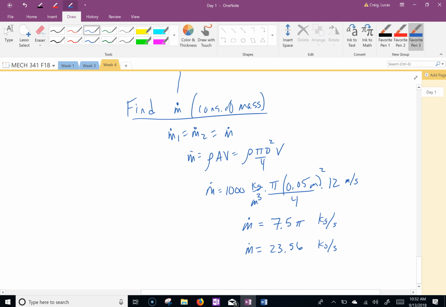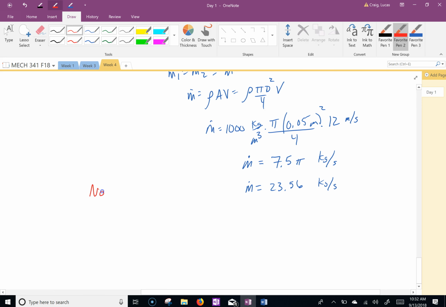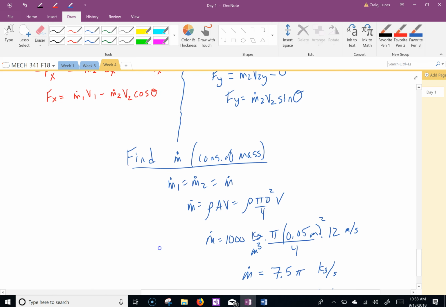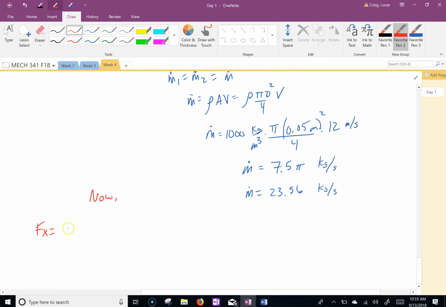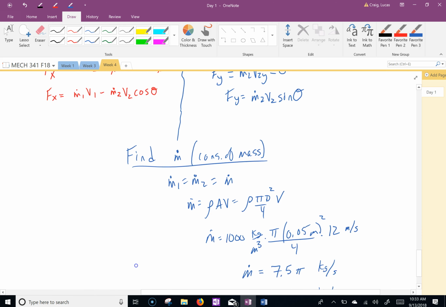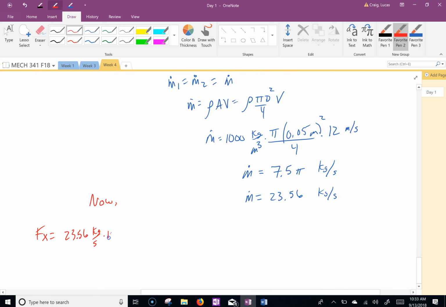Am I losing anybody? Okay. All right. Do we have everything else? I think so. And now, f of x. f of x has the movement. 23.56 kilograms per second. I just got to go back up and look at my equation. Times 12 meters per second.